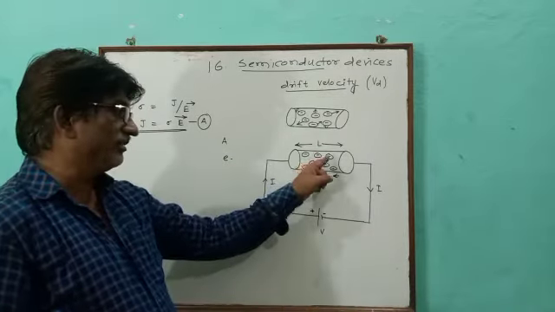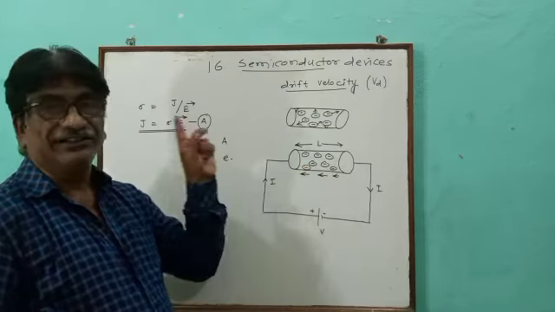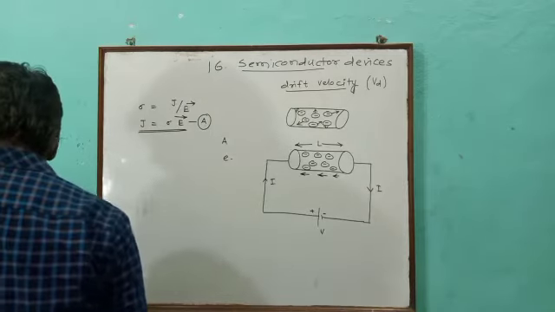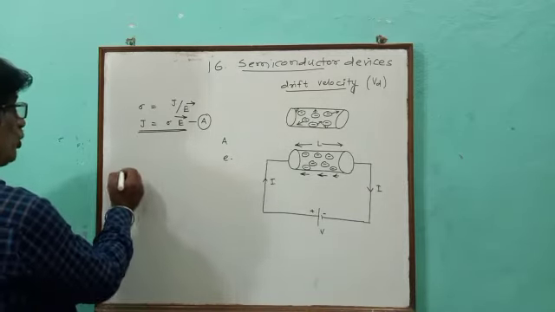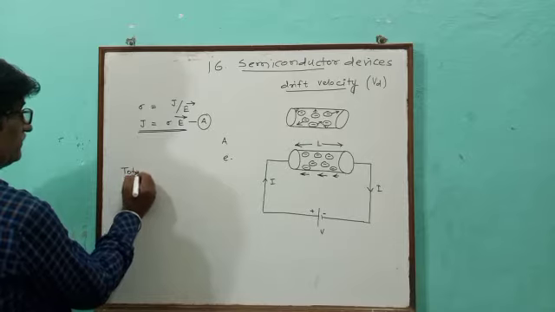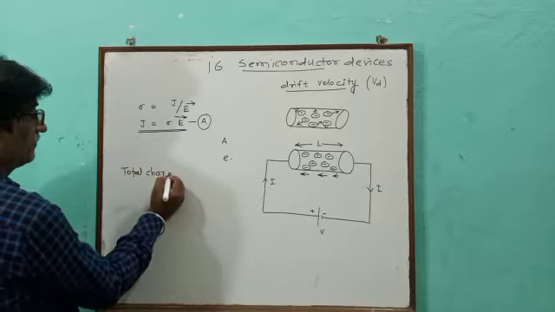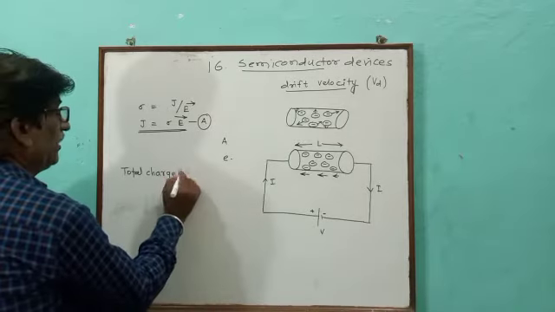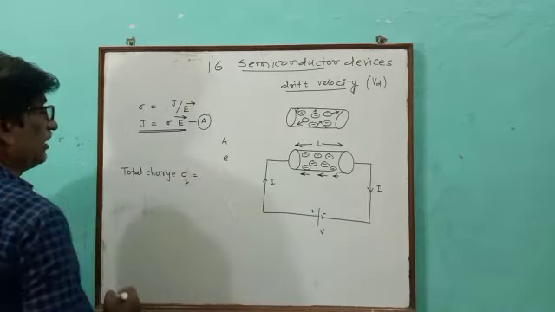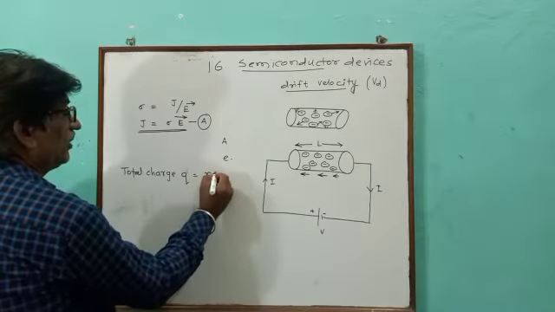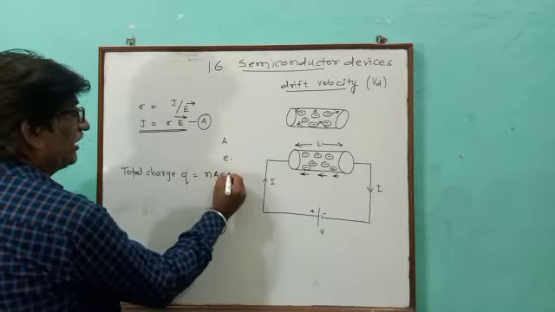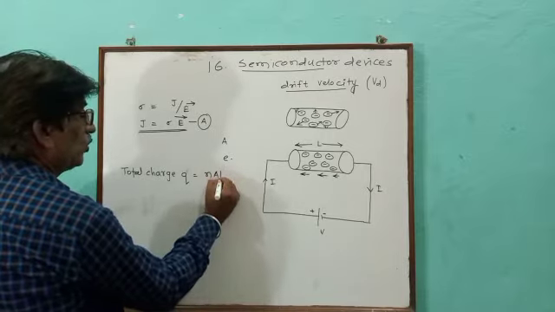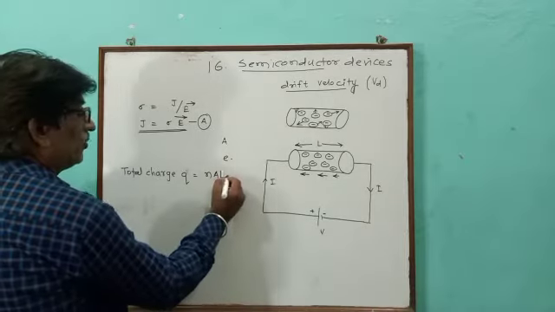So the total charge is Q equal to N into A into L into e.